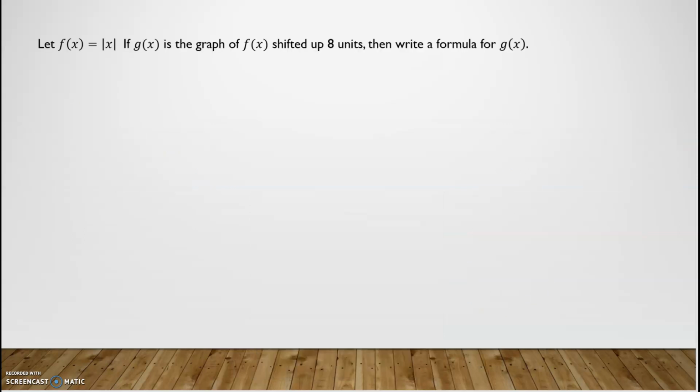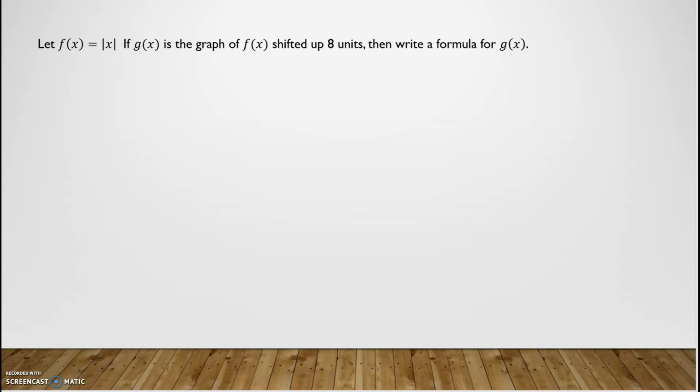So let's look at this one. Let f of x be the absolute value of x. If g of x is the graph of f of x shifted up 8 units, then write a formula for g of x. Okay, so we're not graphing here. All we're doing is just writing a formula for it.